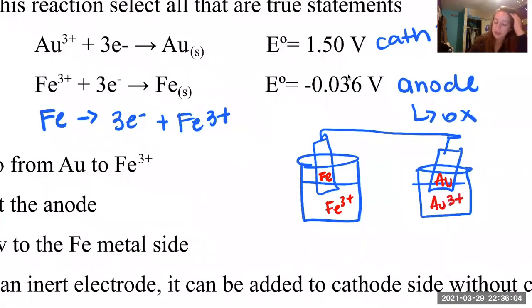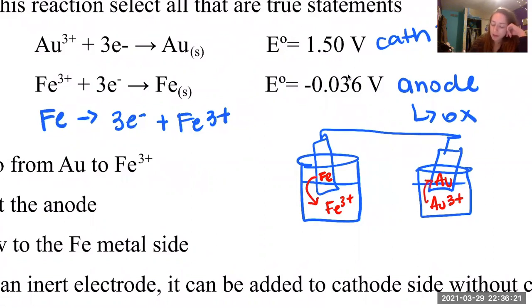Okay, so in this case, the anode is being oxidized, and so that means it's turning into the aqueous form. However, on the cathode side, the opposite is happening. It's being reduced and turning into the solid form.